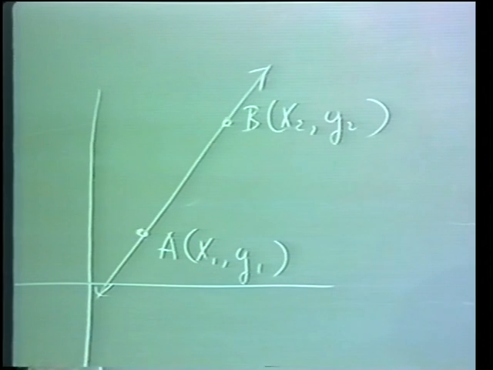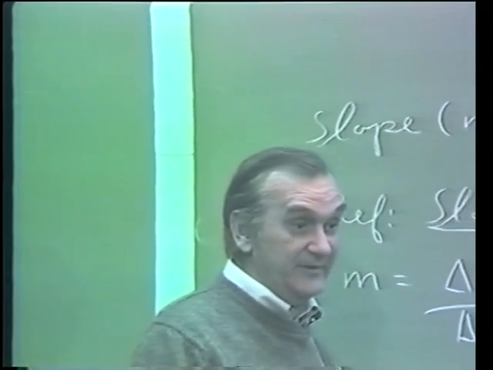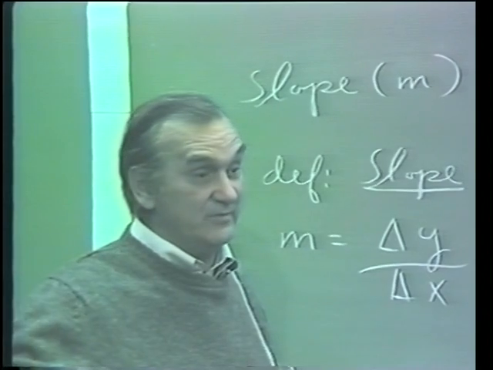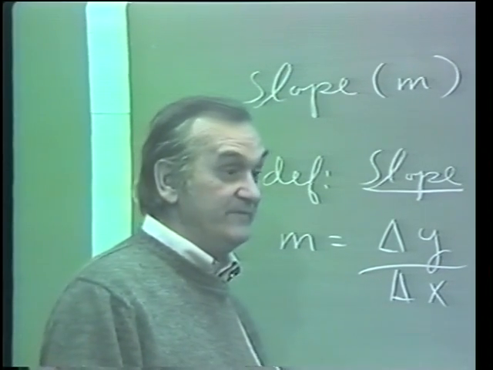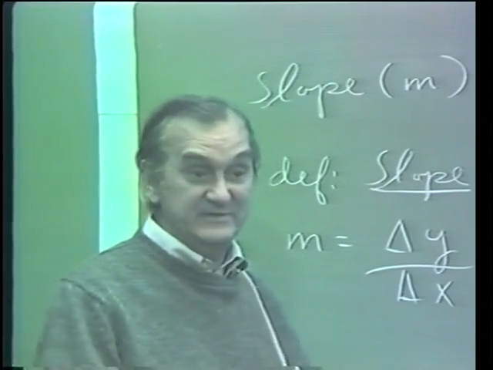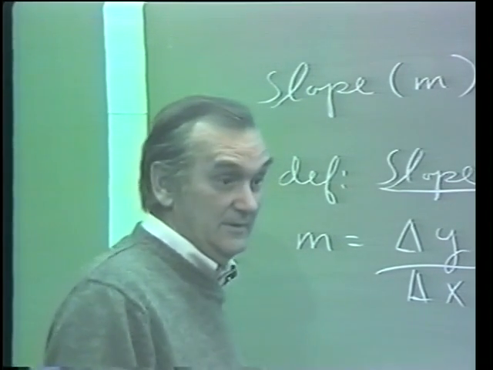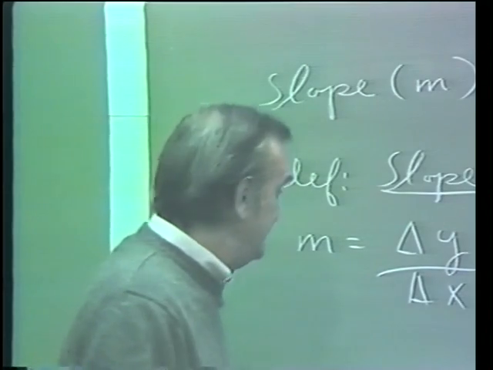If you're 17 and I'm 31, the difference of our ages is 31 minus 17. If the temperature was 24 degrees this morning and 45 degrees this afternoon, the change of temperature is 45 minus 24, or 21 degrees. Change means difference.